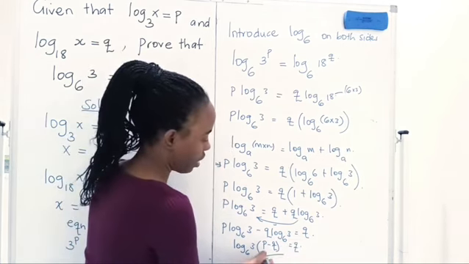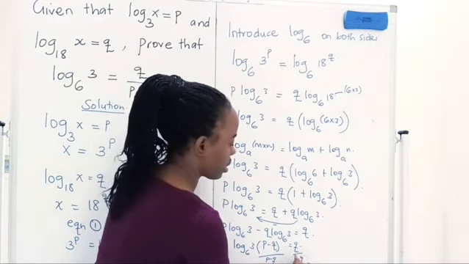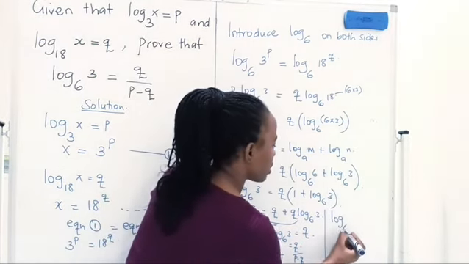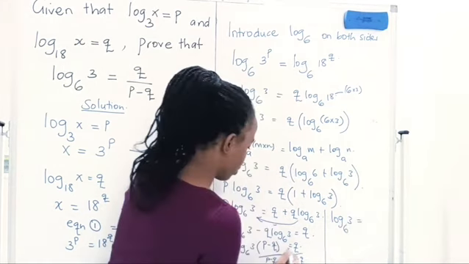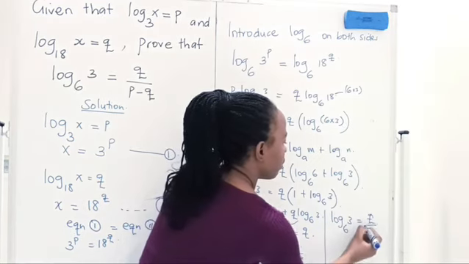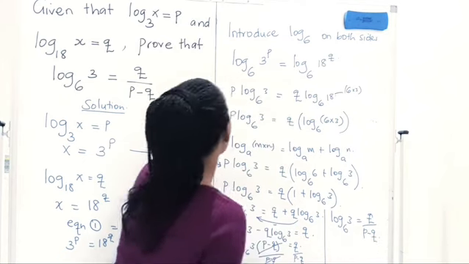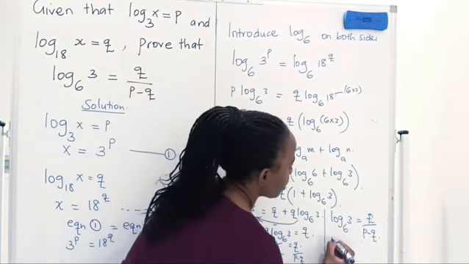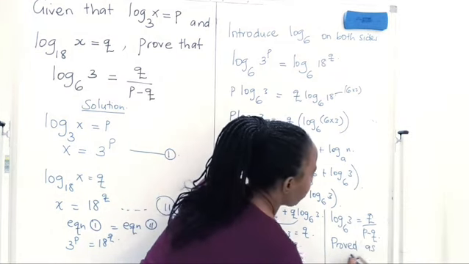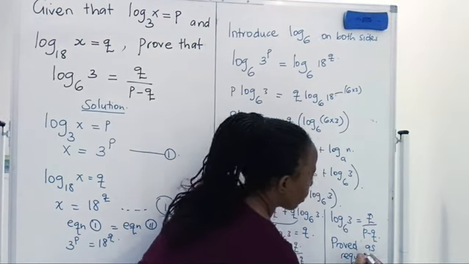Now I will divide through by p minus q, and I will have log 6 of 3 equaling, because this one has cancelled out, q divided by p minus q, and that is proved as required.